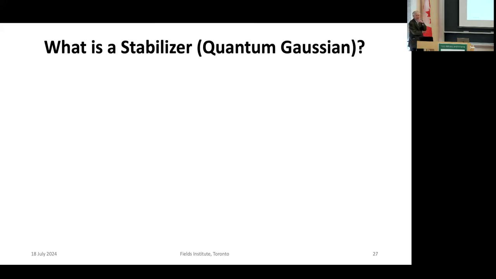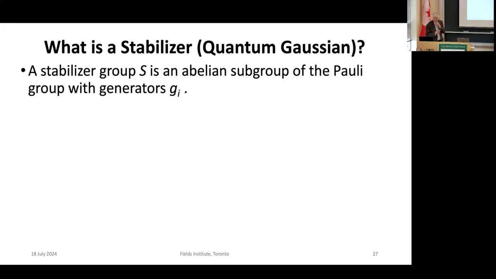So now I should explain what is a stabilizer. First, we ask, what is a stabilizer group? This is an abelian subgroup of the Pauli group. Remember, the Pauli group is the group generated by the Fourier transform matrices of the unit matrices.